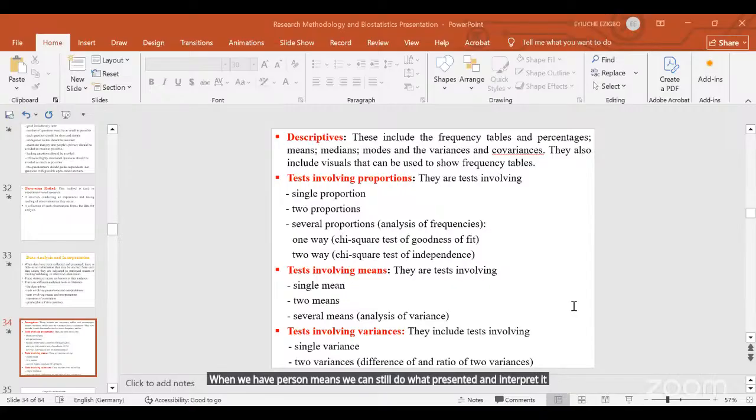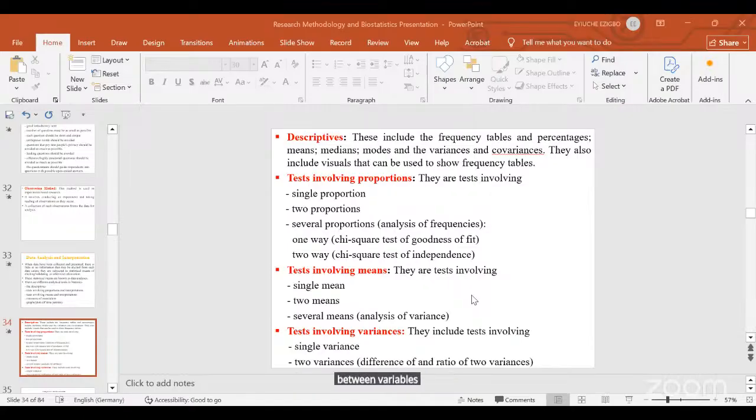And in some cases we may have tests of hypothesis involving the standard deviation. And when we have such, we can present it and interpret it. Apart from that, depending on the objective of the research, we may begin to be interested in relationships between variables.